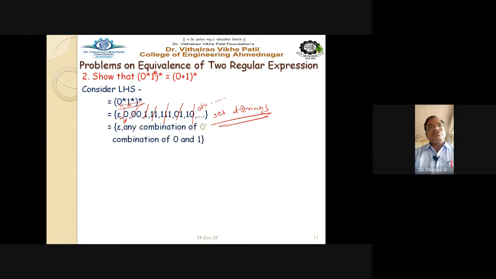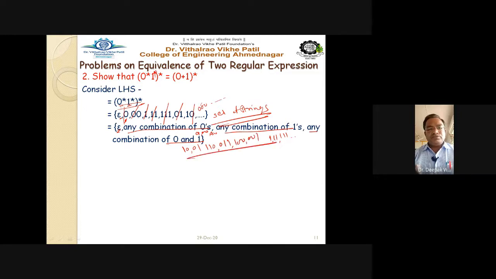So that is how you can describe it. Epsilon, any combination of 0 means it can be 0, 0 0, triple 0. Any combination of ones means 1, double 1, triple 1. Or any combination of 0 1 means 1 0, 0 1, 1 1 0, 0 1 1, 1 0 0, or 0 0 1.